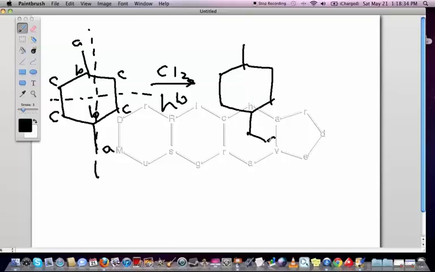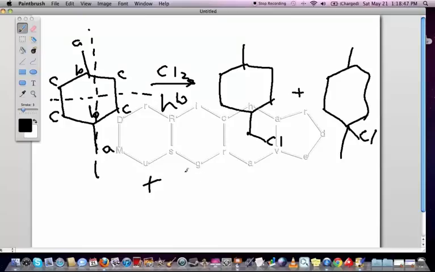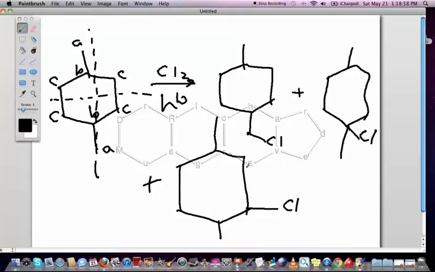One attached to A, one attached to B, and one attached to C. And understand that putting the Cl on any of these carbons is going to end up giving you the same thing. So we end up with three products for that one.